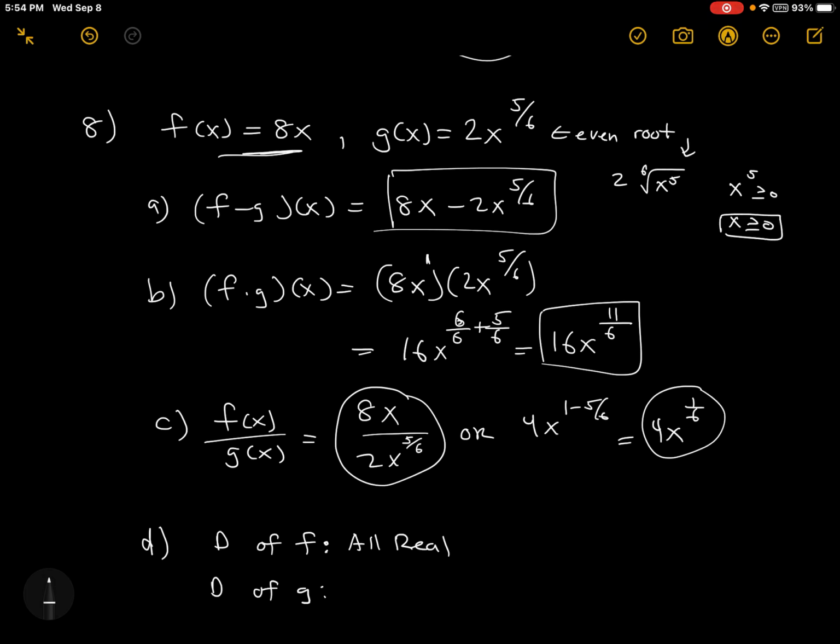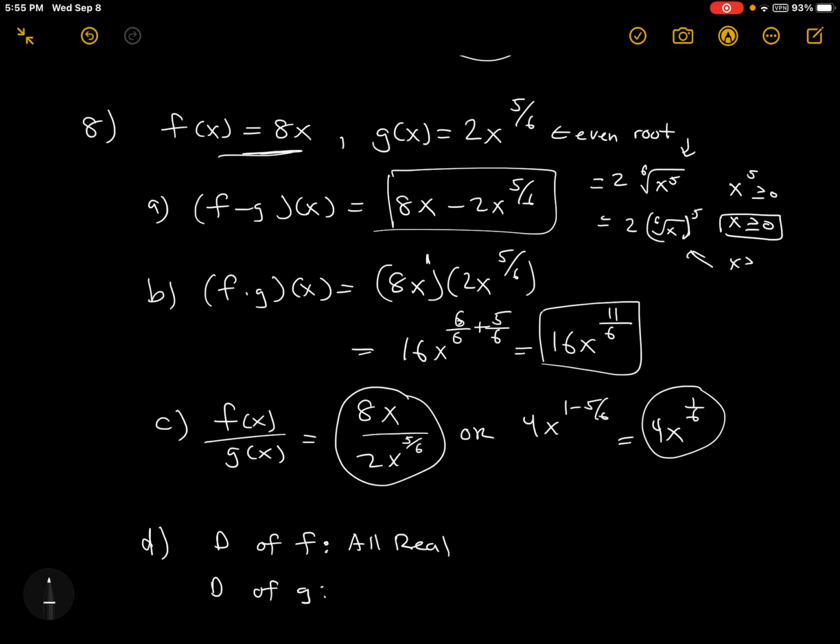Okay, so when you solve this. In fact, you can even rewrite this such that you write it like this: 2 times the 6th root of x to the 5th, right? In that case, you don't even have to worry about x to the 5. You could just say x is greater than or equal to 0. Okay, so that's the domain of an even root. You set the argument greater than or equal to 0, and you solve for x. So that is the domain of this.